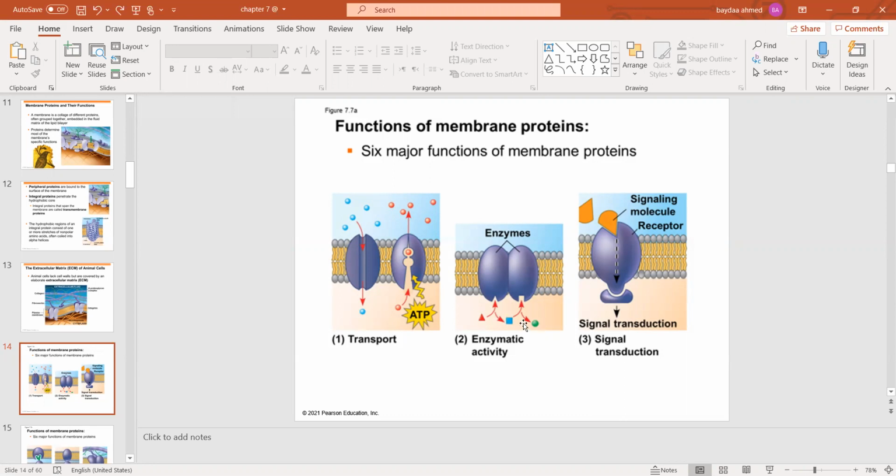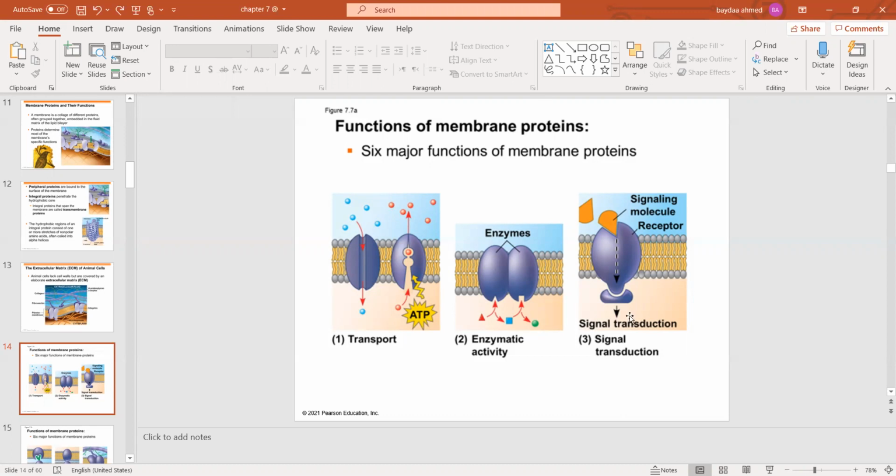In some cases, several enzymes in a membrane are organized as a team that carries out sequential steps of a metabolic pathway. We have an obvious example in the inner membrane of the mitochondria. It contains a lot of those enzyme teams that perform sequential steps in cellular respiration.